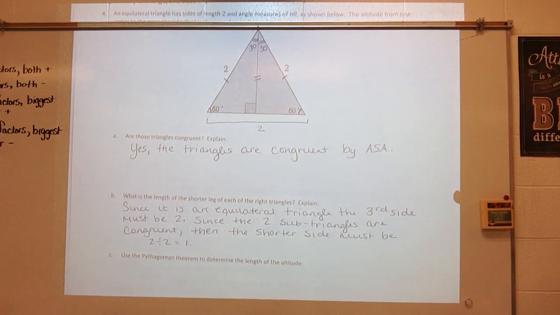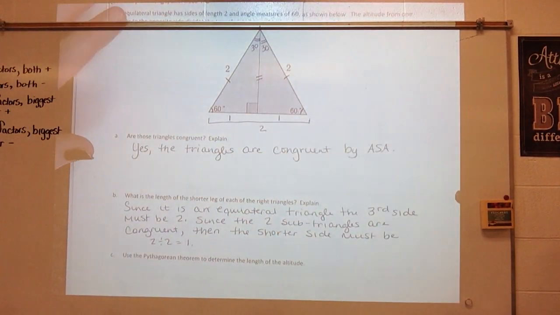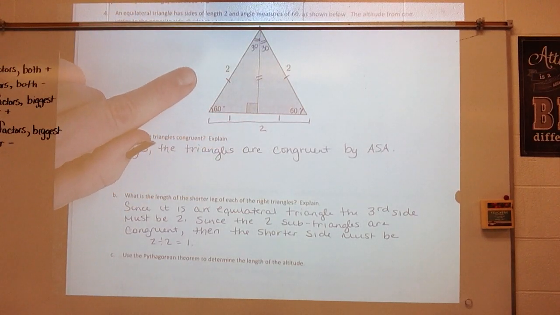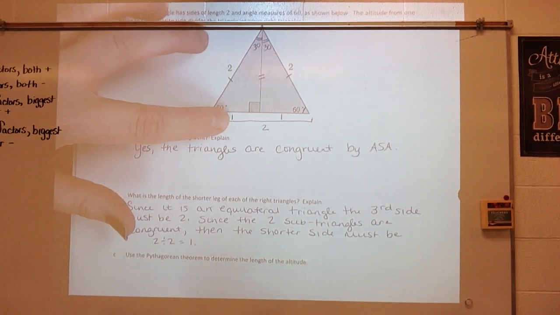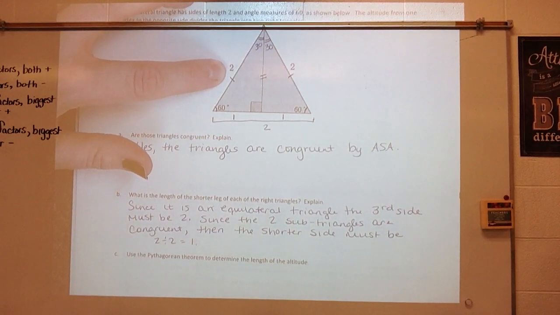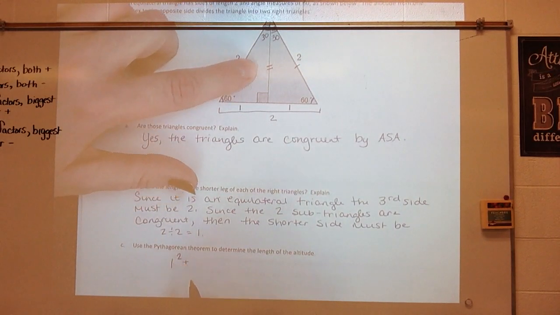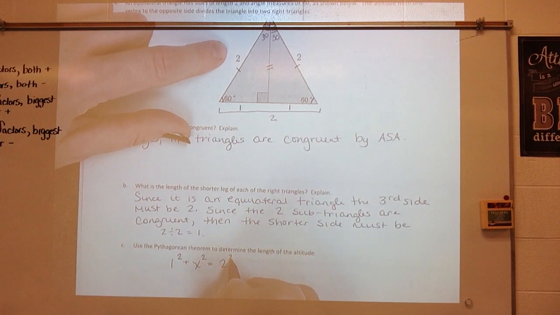Okay? Use the Pythagorean theorem to determine the length of the altitude. So I've got 1 and I've got 1. So pay very close attention to what you do here though, because now I've got a side and my hypotenuse. So I've got 1 squared plus, I don't know what the other side is, and then my hypotenuse.